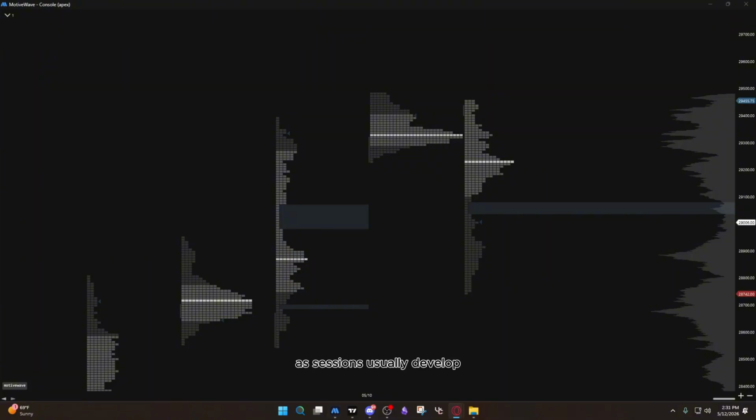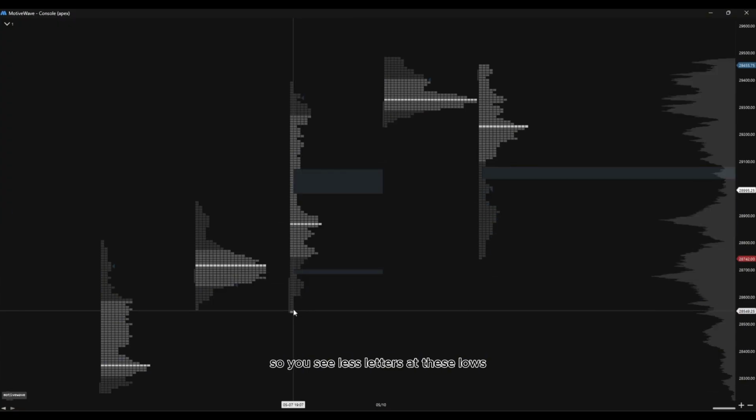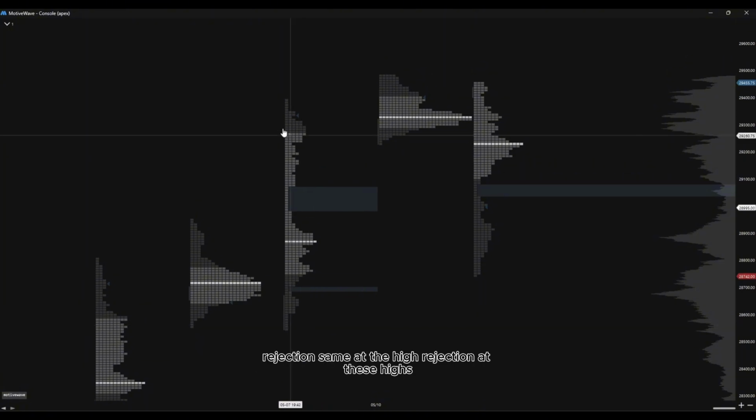As sessions usually develop, the letters stack horizontally at each price level, forming a profile that shows how often price was visited. Levels with many letters indicate sustained acceptance, while those with few letters reflect brief rejection. So you see fewer letters at these lows, which shows rejection, same at the high, rejection at these highs.